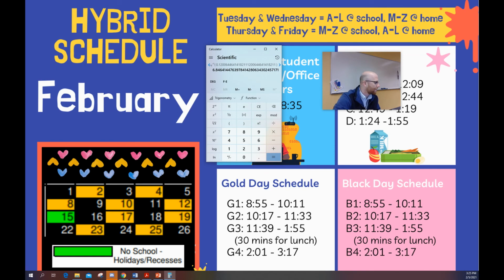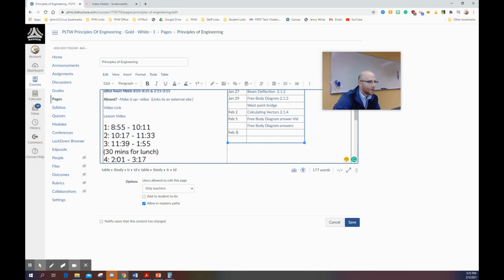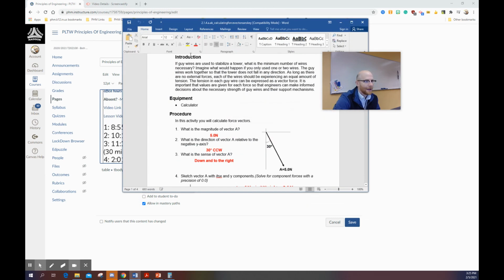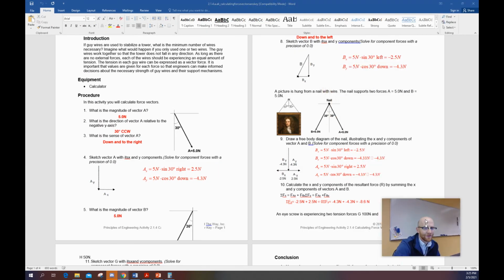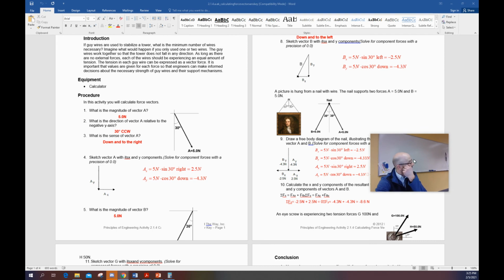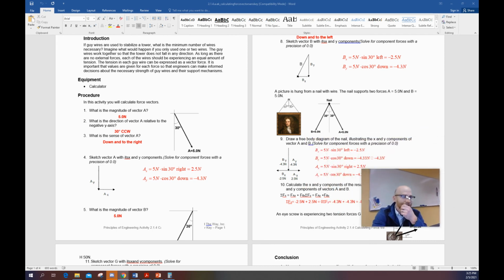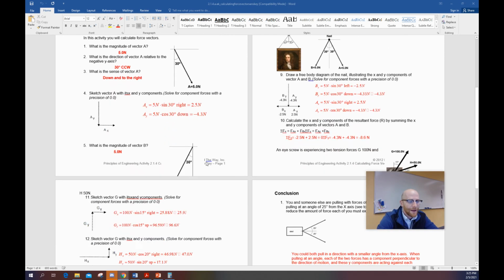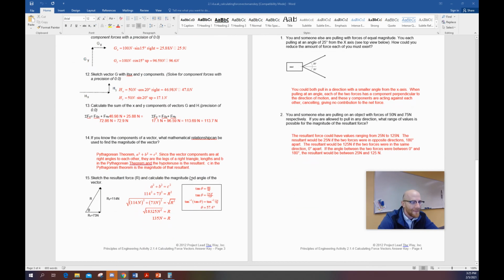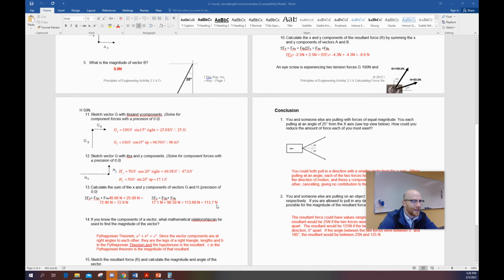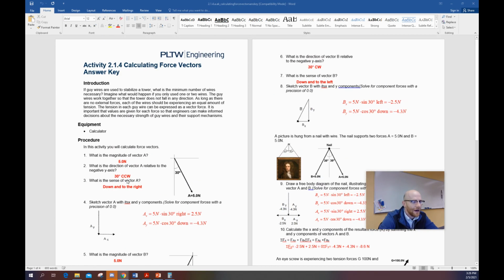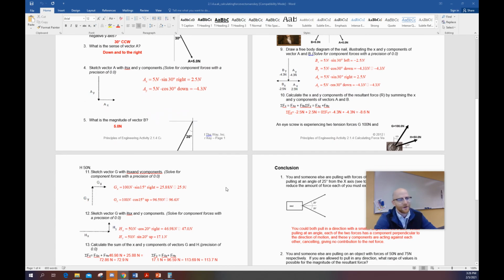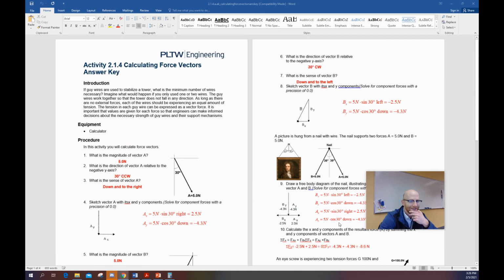Okay, so what I have for you here is the answers. Finally, Mr. White's giving us the answers. So I'm going to attach this so you can check your work and you can submit the correct answers. So I am giving you the answer sheet here. I'm not going to go over it right now because we just went over the lesson.